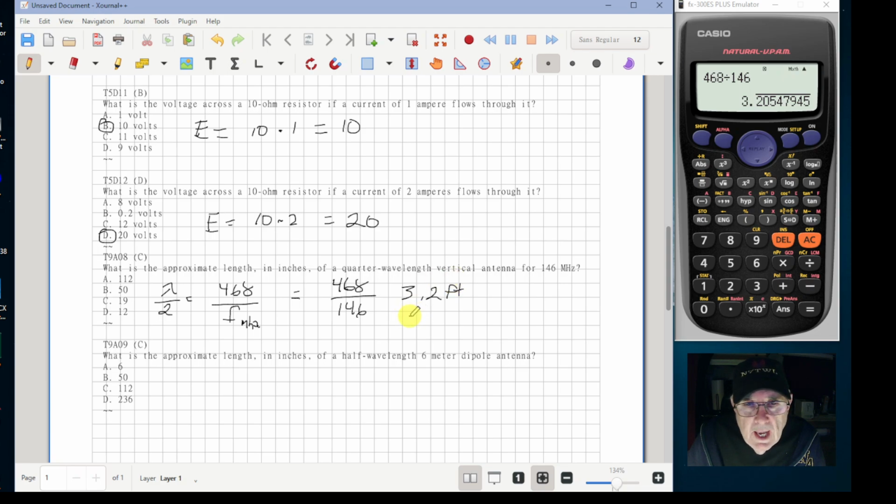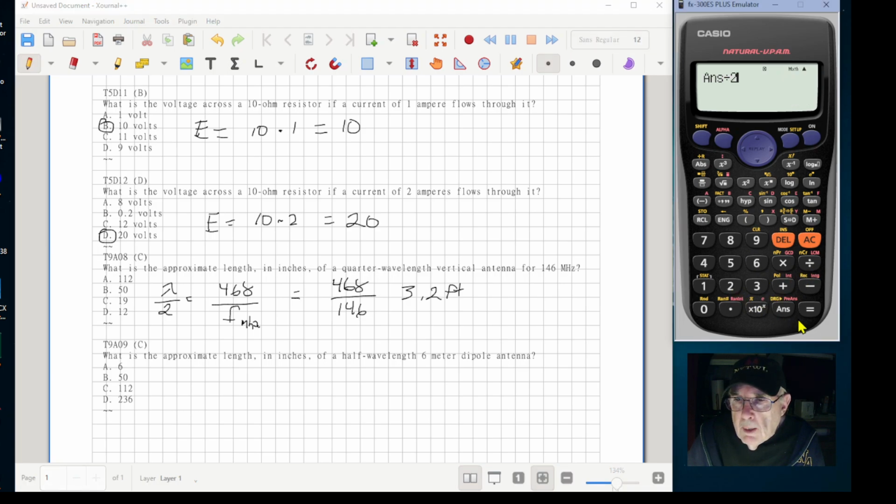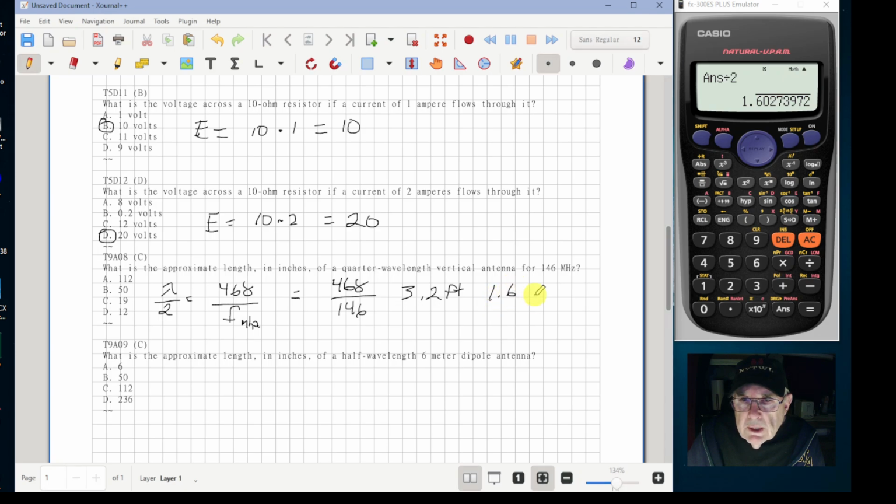So what is that in a quarter wave? We could divide this in half again. Let's see what happens there. And we get 1.6 feet, but we want inches.